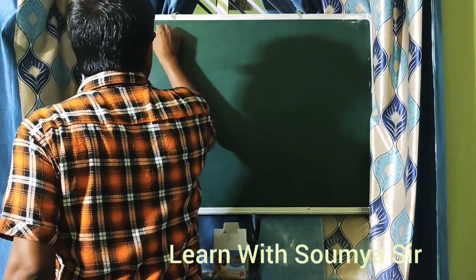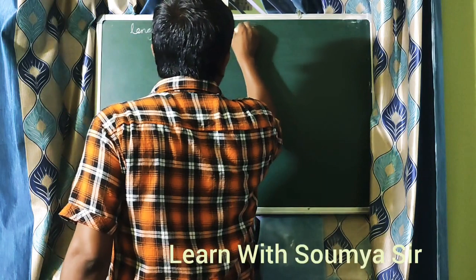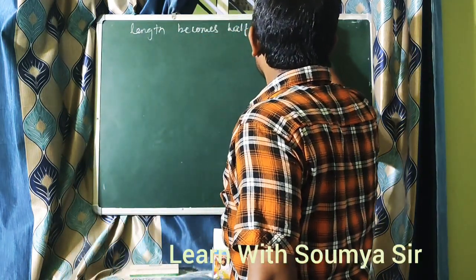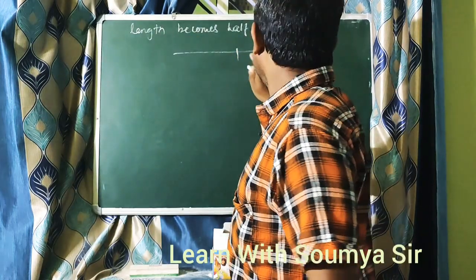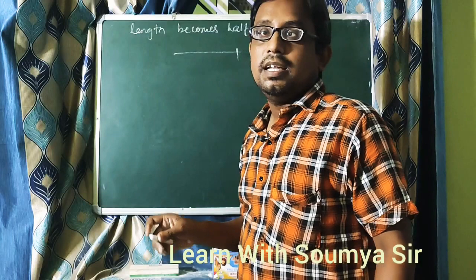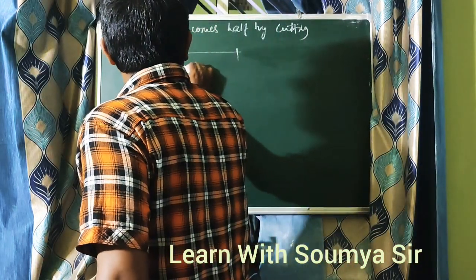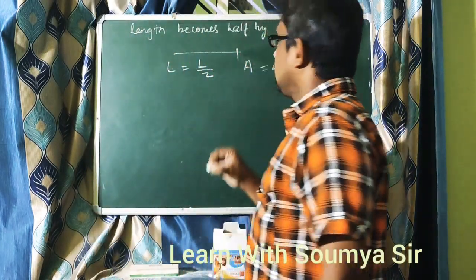Now, third condition: length becomes half by cutting. That means I take a wire and cut it from the middle. The length becomes half, but the area of cross section remains constant. Here the length will be L/2 and the area remains the same.